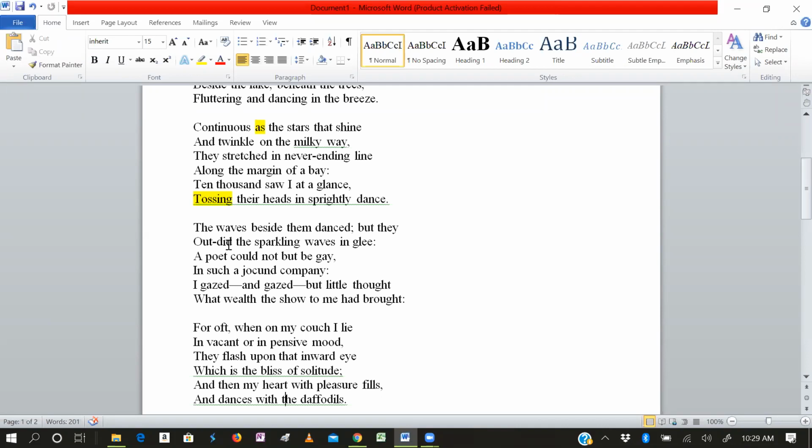When the wave starts, the daffodils start tossing their heads and moving in the air. But they outdid the sparkling waves; outdid means excelled, outshone the waves in delight. When the air blows, in glee means in happiness, in a delightful mood, they sparkle and excel, and become very beautiful.